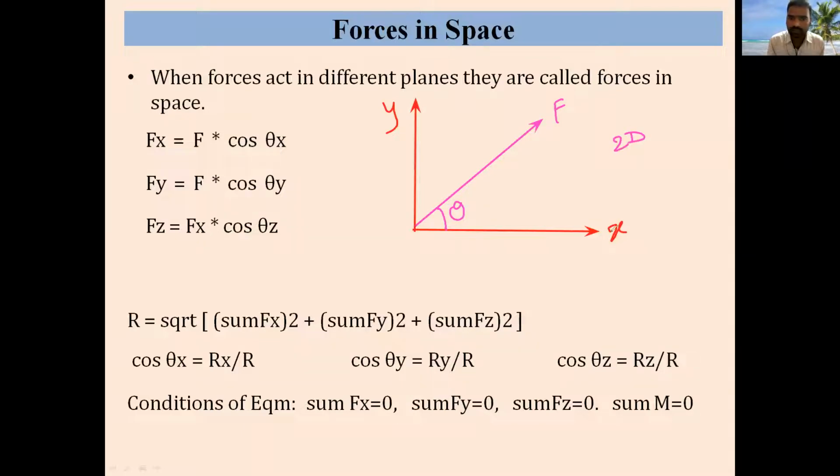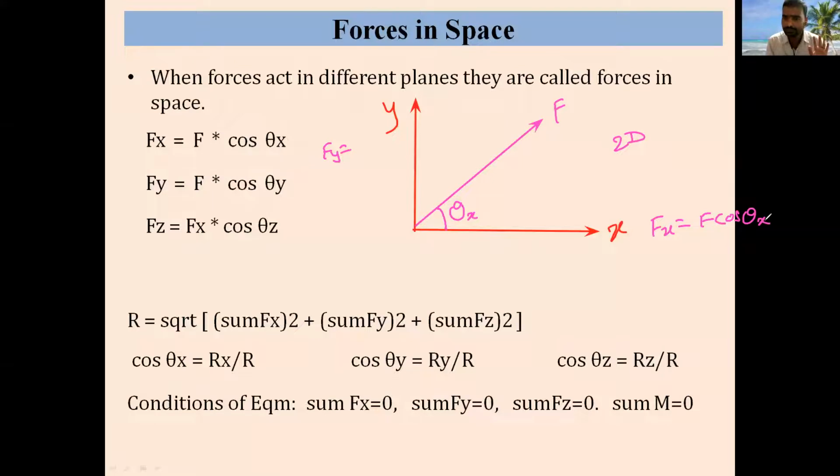Can you tell me the x component Fx? Fx is F cos theta. The y component is F sin theta. Or, if it is theta x, then along the x direction Fx is F cos theta x.